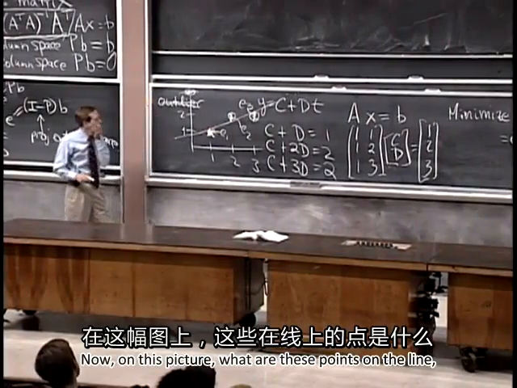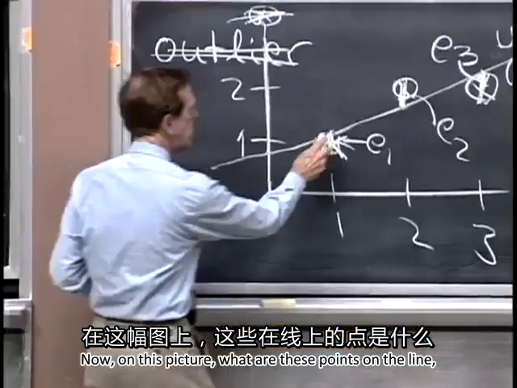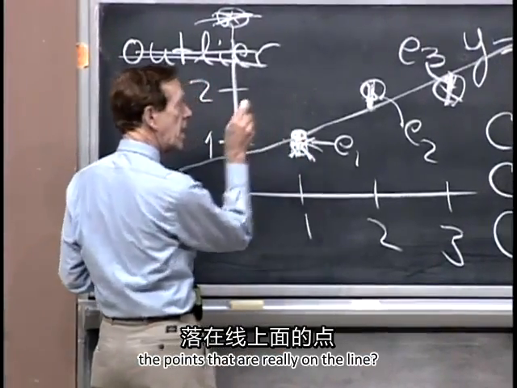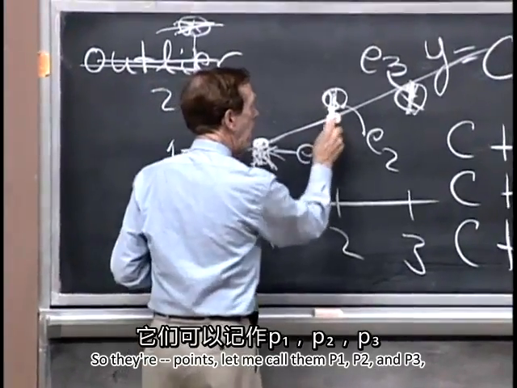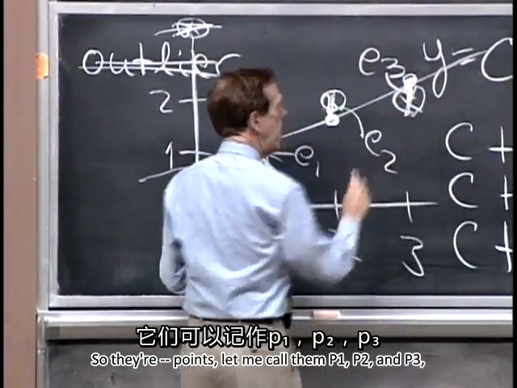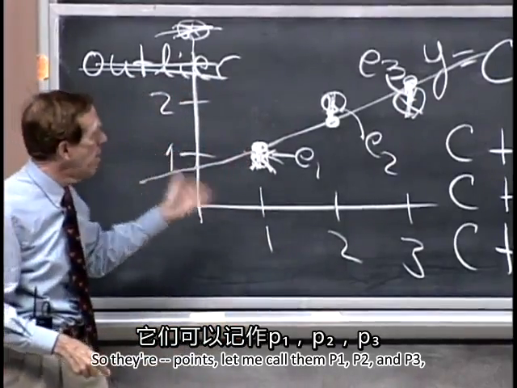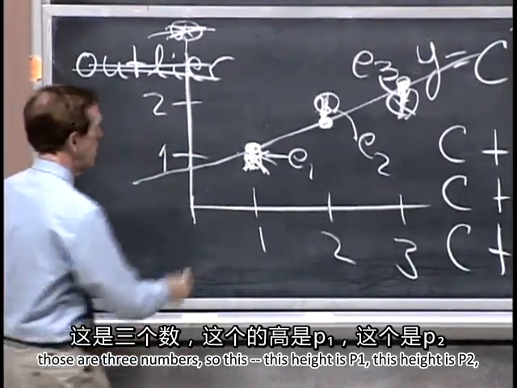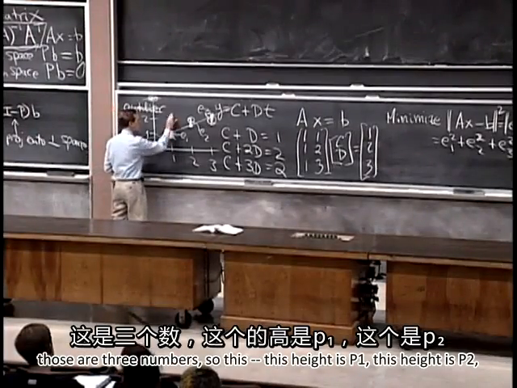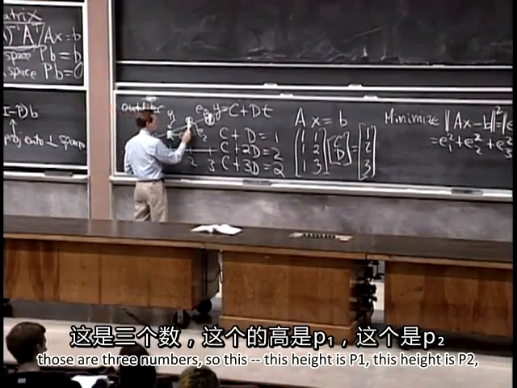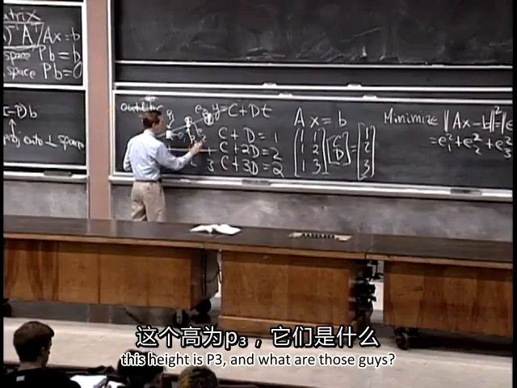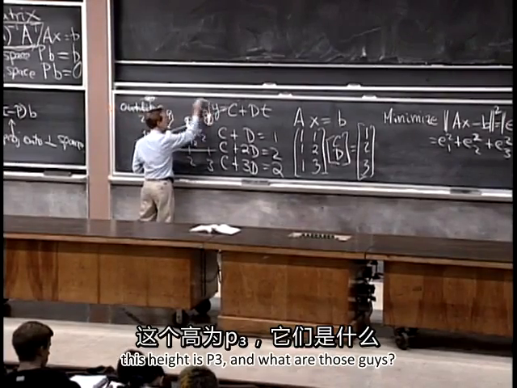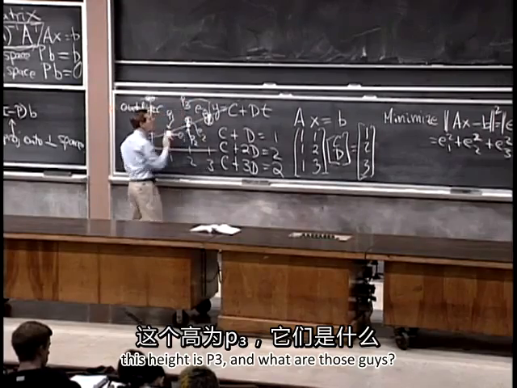Now, on this picture, what are these points on the line, the points that are really on the line? So they're points, let me call them P1, P2, and P3. Those are three numbers. So this height is P1, this height is P2, this height is P3, and what are those guys?